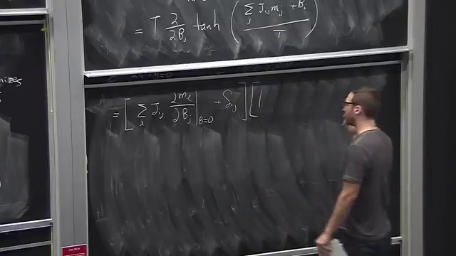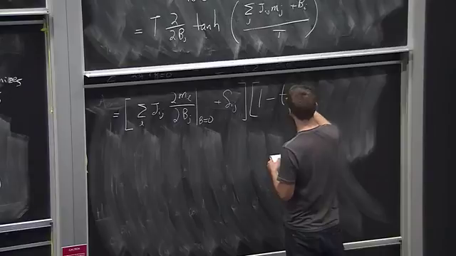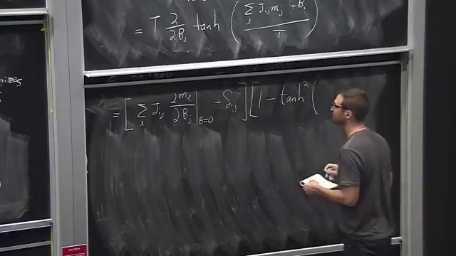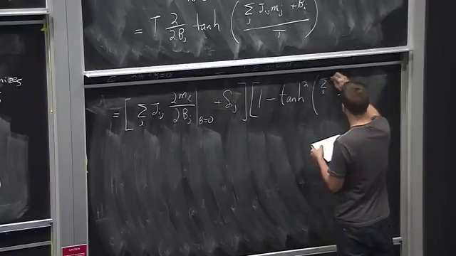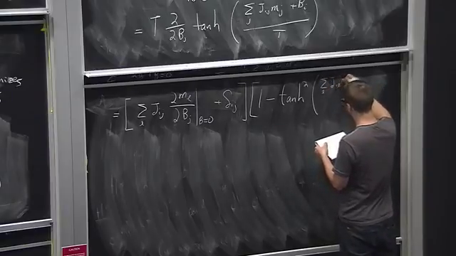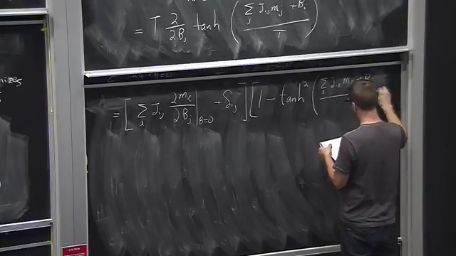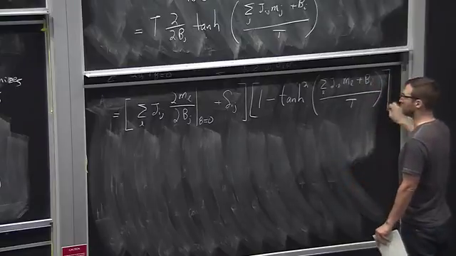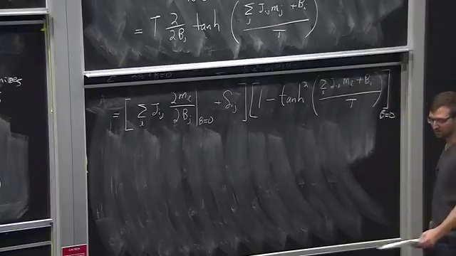And the derivative of the hyperbolic tangent is 1 minus tanh squared. This is chain rule. J_il m_l plus B, over T. I got to set B equal to 0 somewhere here.